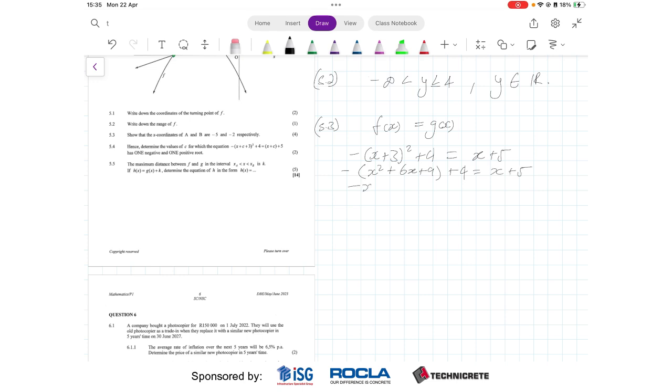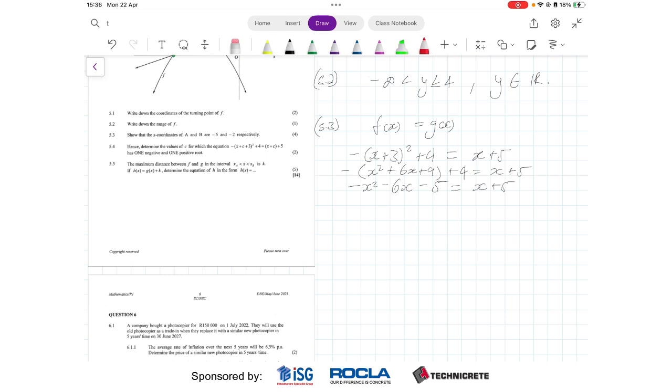Then you have -x² - 6x - 9 + 4, that's -5, equals x + 5.